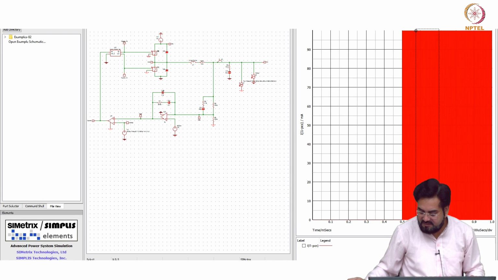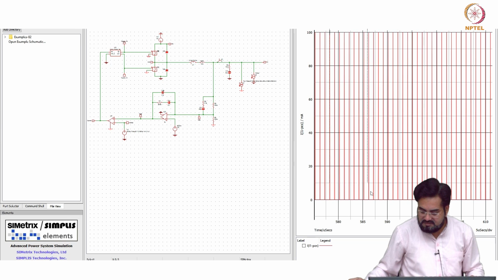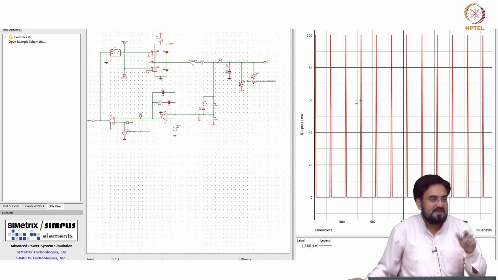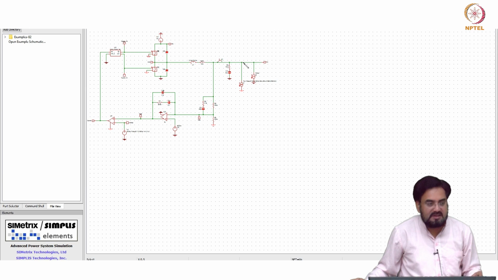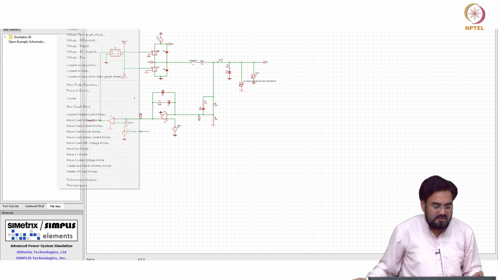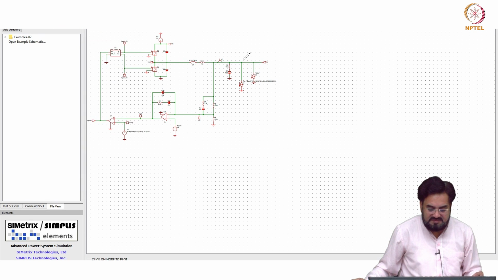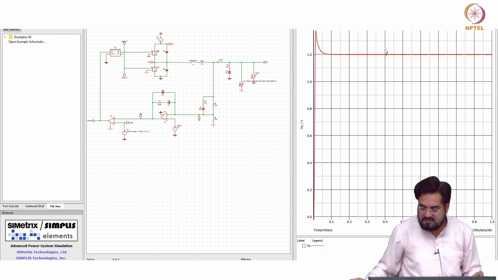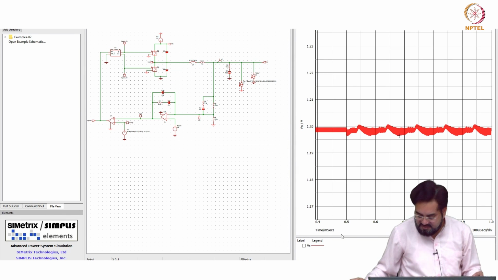So this is what I have. I have added current spikes going from 0 to 100 milliamp for a very short time. So this should cause a ripple at the output, which should be visible. So I am introducing that at 500 micro.